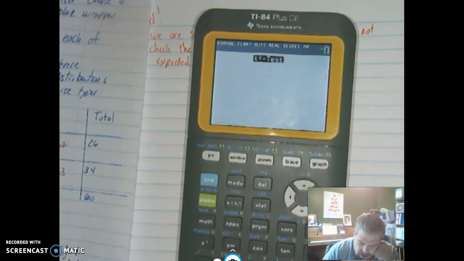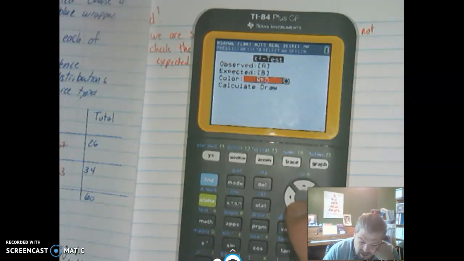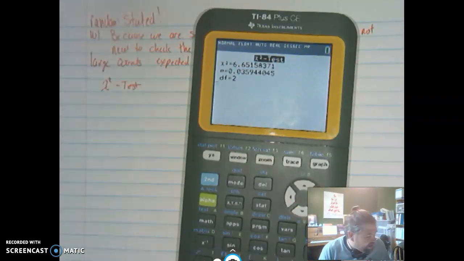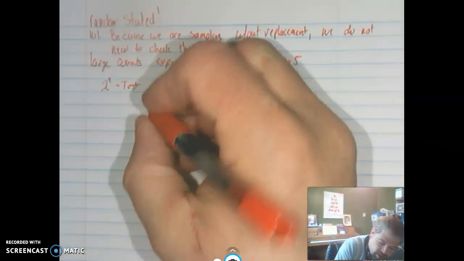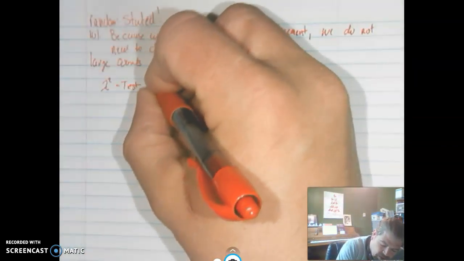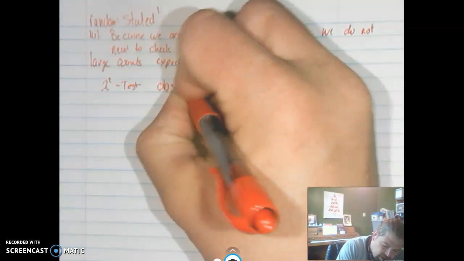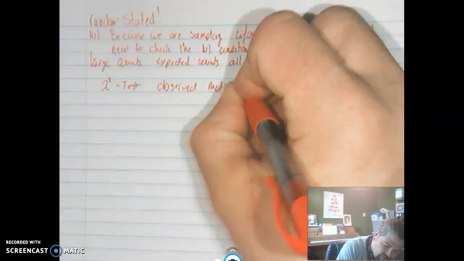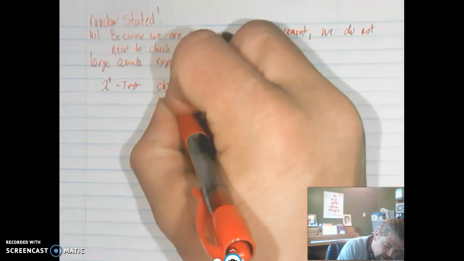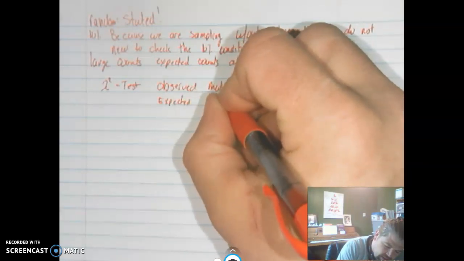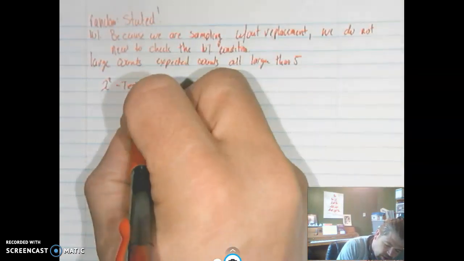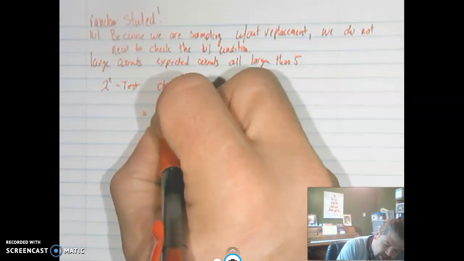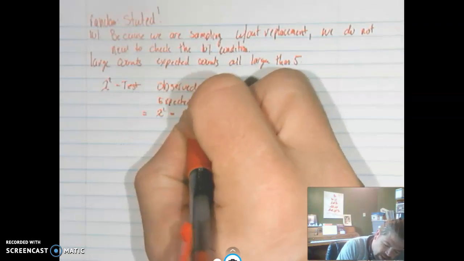I'm going to go to my chi-square test of goodness, not test of goodness, goodness gracious. How about just the chi-square test? I'm going to calculate. I'm going to write down that information. So then observed was in matrix A, expected was in matrix B. So then what we got was a chi-square value of 6.65.